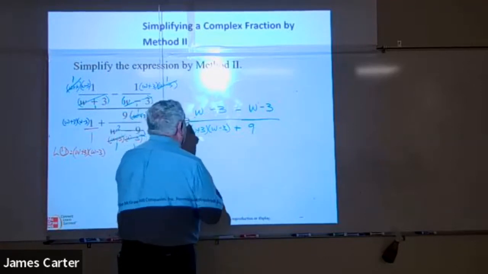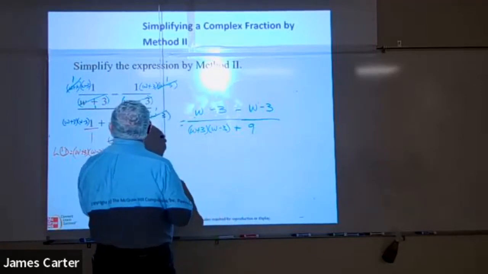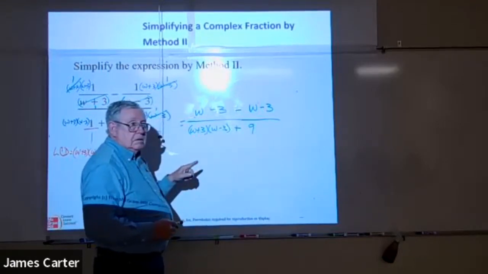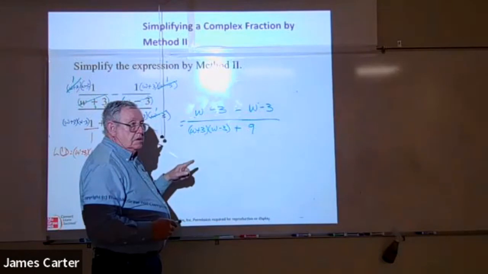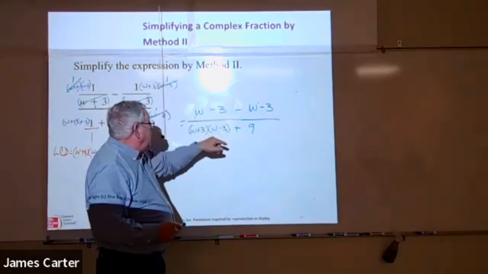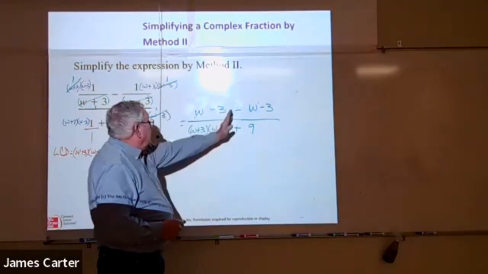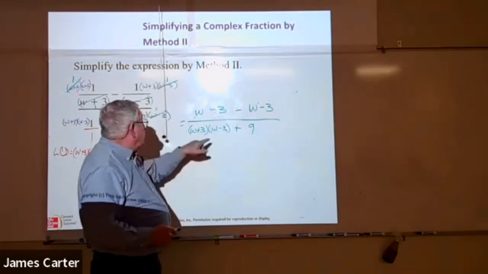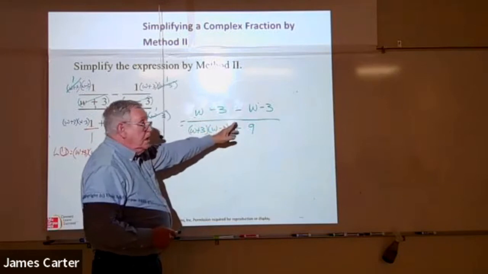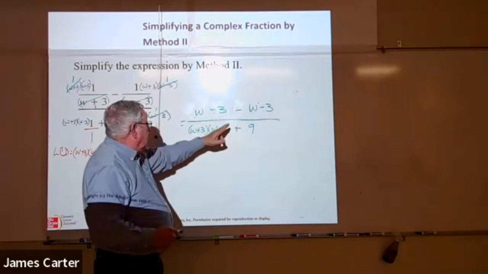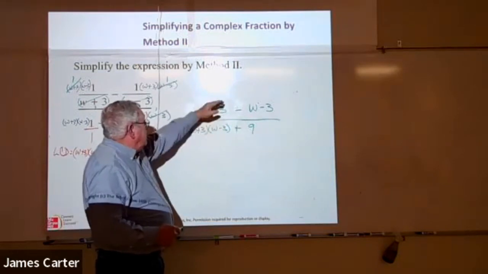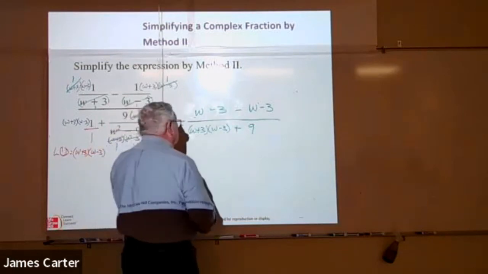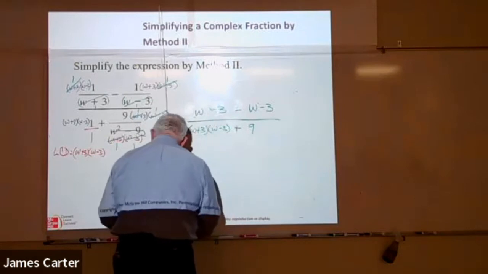Okay. Now then, this is one fraction bar. So I can't just partially cancel here. If I had a break in my fraction bar right there, then I could cancel the W minus 3s. But this is a single fraction bar all the way across, so it's all for one and one for all. So I've got to multiply and simplify this stuff.